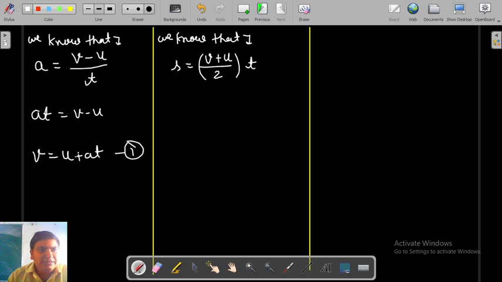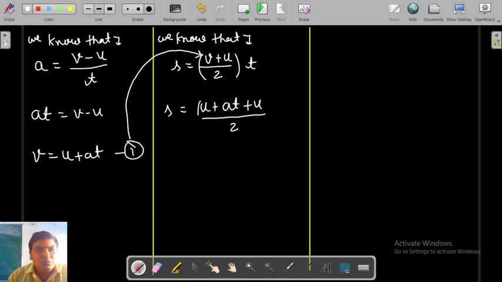So on using this value of v over here, we get s equals to (u plus at plus u) upon 2 times t, which means s equals to 2ut upon 2 plus at square upon 2.